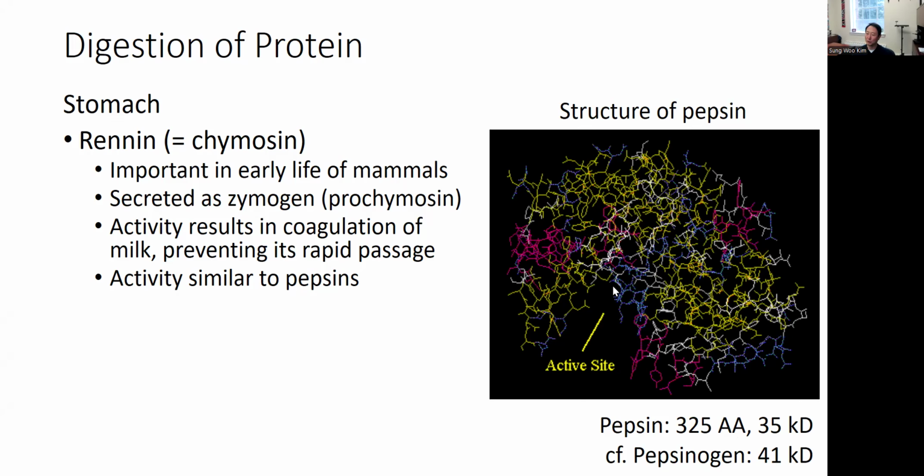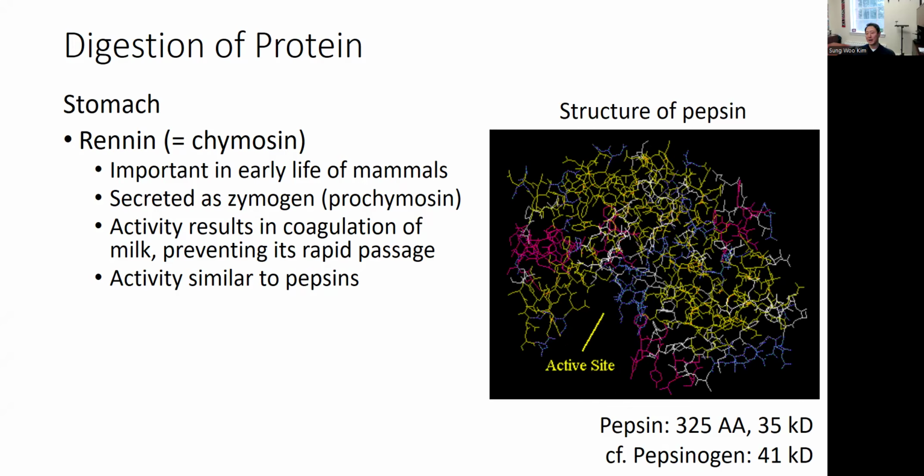This is where peptide bonds will be cleaved. But in the case of pepsinogen, which is a zymogen, the inactive form of pepsin, it is a little larger than pepsin because this active site is covered with another part of the protein. So pepsinogen is surely bigger than pepsin, right?